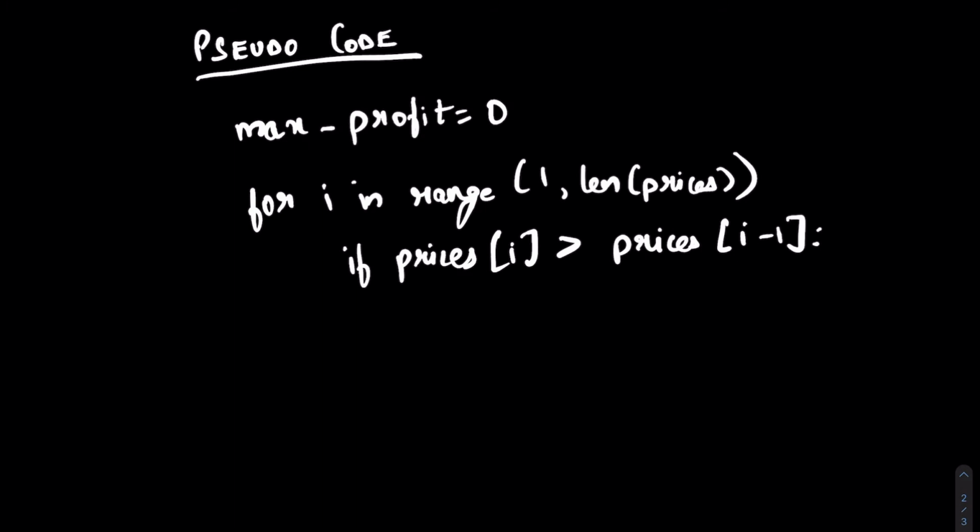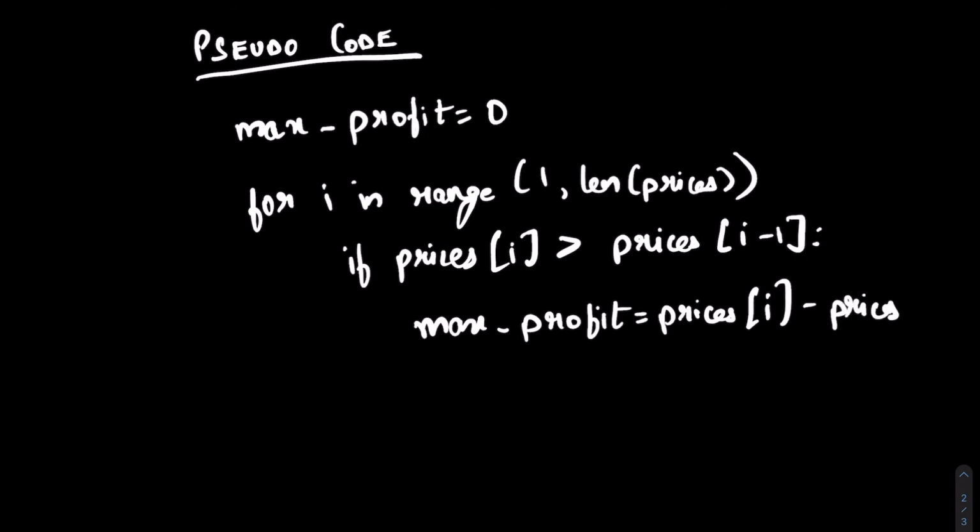In this case, when it's greater, we just add the difference to our max profit. In this way, once we iterate over the entire loop, we've added all possible profits that can be made, and we can just return the max profit, sorry.